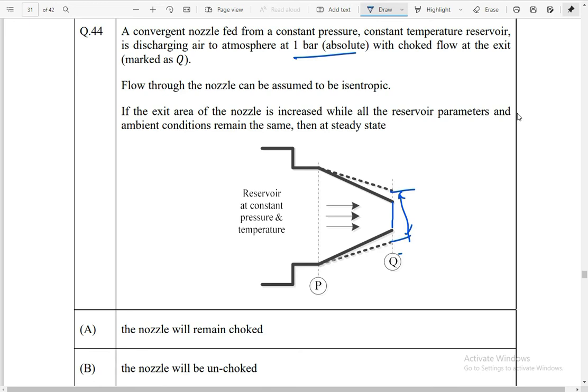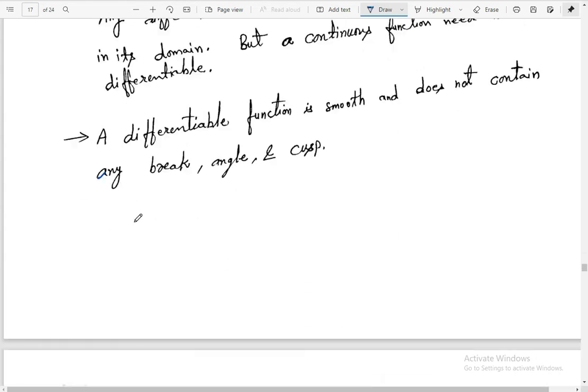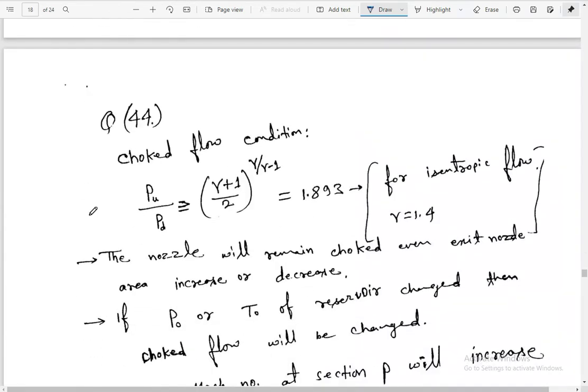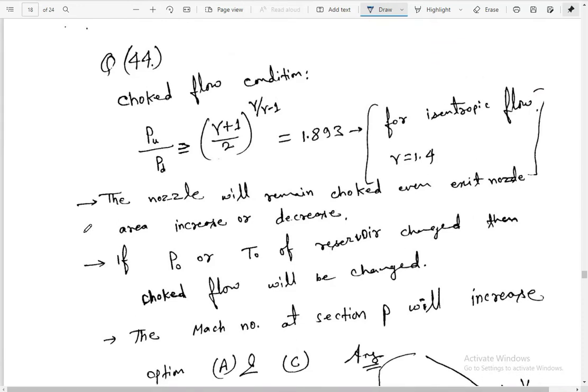So what effect will happen here? There is a choked flow condition. Pu by Pd must be greater than or equal to (gamma plus 1 by 2) to the power gamma by gamma minus 1.